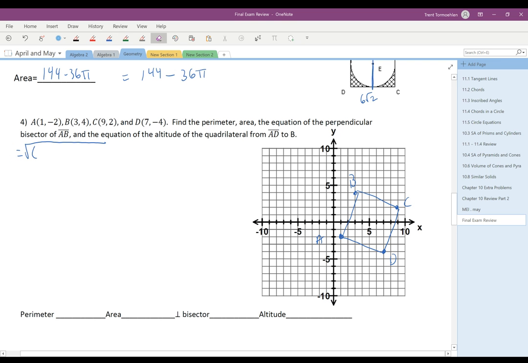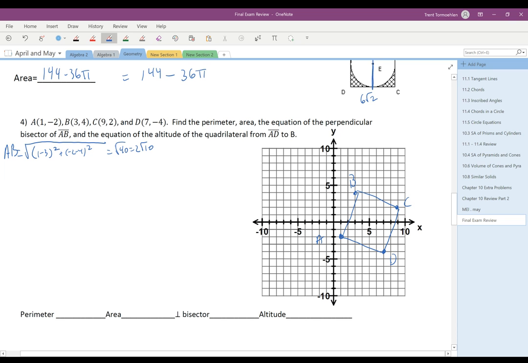And so we'll keep track of what we're doing here. AB is going to equal the square root of (1 minus 3) squared, the difference of the x's, plus (-2 minus 4) squared. Remember, the order of those two doesn't matter because you're squaring things. So that's going to give us 4 plus 36, which is 40, so root 40, which is the same as 2 root 10.